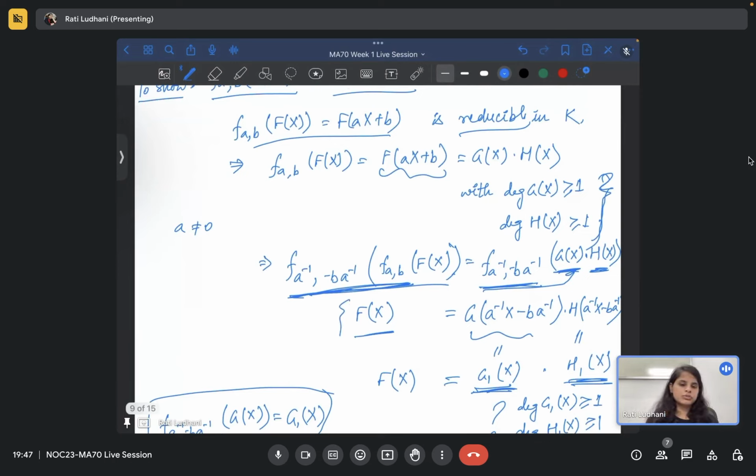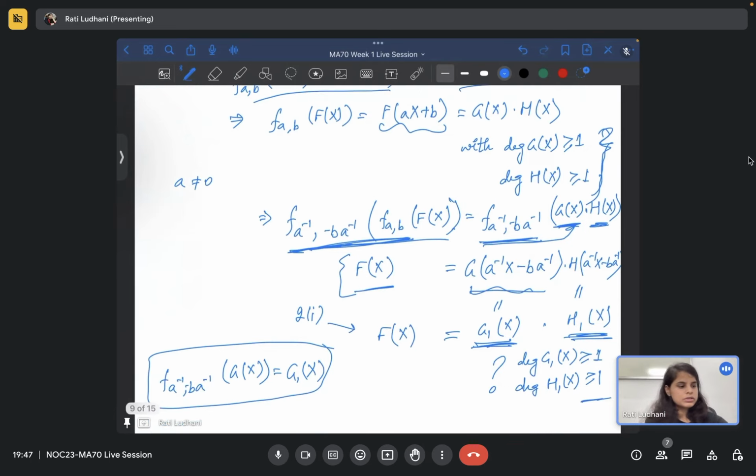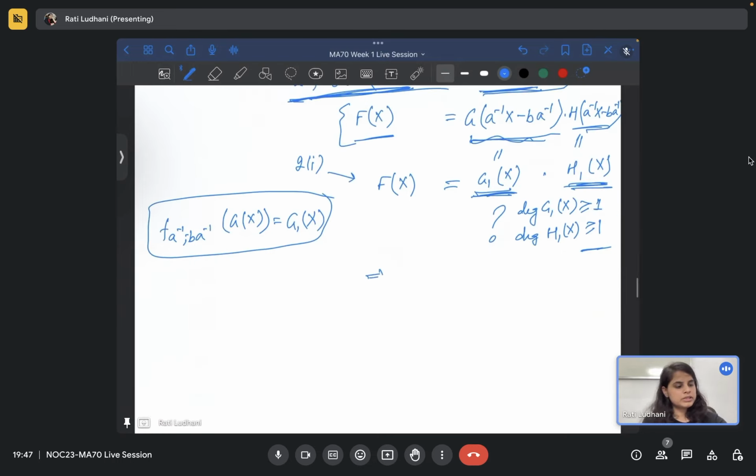You get factors of f(x), and from the second part of the first question, you got that the degrees will be the same. So you get the degree of g1 and the degree of h1 to be greater than or equal to 1. These are new factors, which means f(x) is reducible, in k or k[x], which is a contradiction, and you are done.